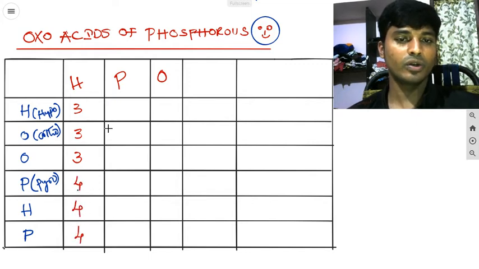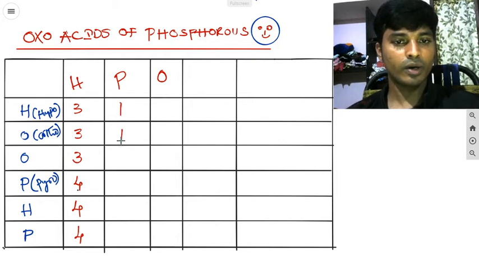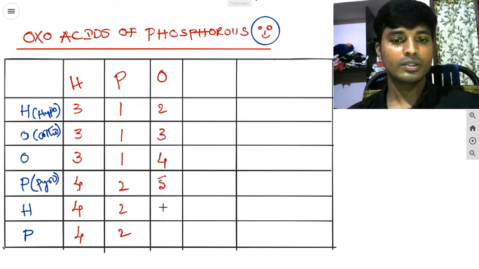So this sequence you have to remember. For phosphorus, 1, 1, 1, 2, 2, 2. And oxygen, starting from 2, you write 2, 3, 4, 5, 6, 7. You can make this type of table.